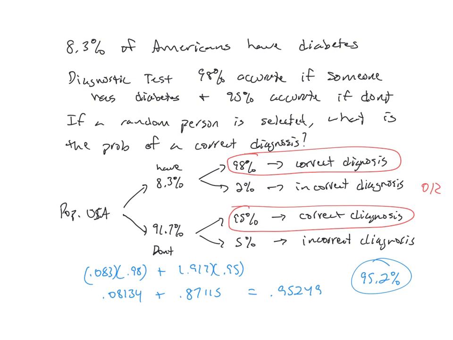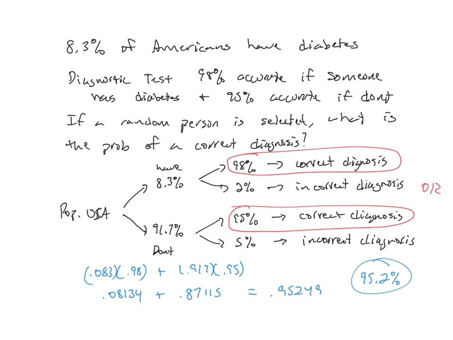Okay, so if it was 98% accurate for the people that don't have it and 95% for the people that do, if they were reversed, then the answer would be much closer to 98 because there's more people, 91.7%, in that bottom category.